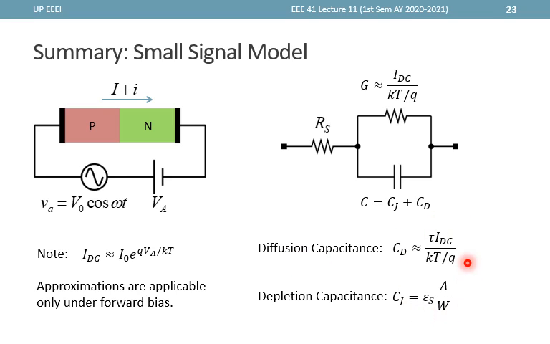We have these expressions right here. This is valid at any bias condition. However, this expression here is valid only at forward bias, and we will not show an expression for reverse bias, since either way Cj is the one that dominates.